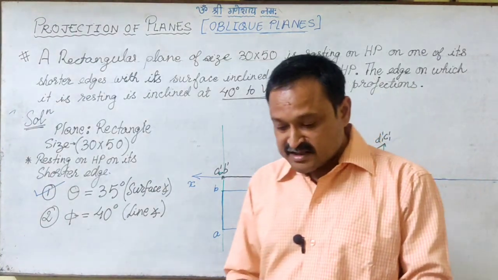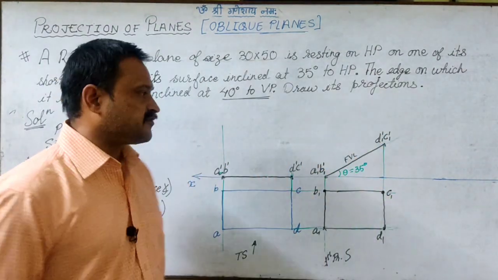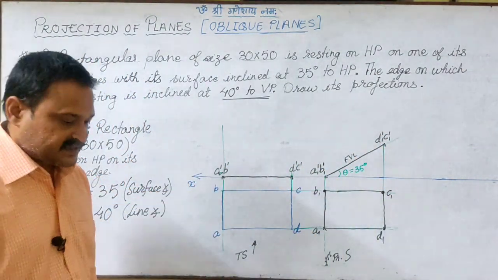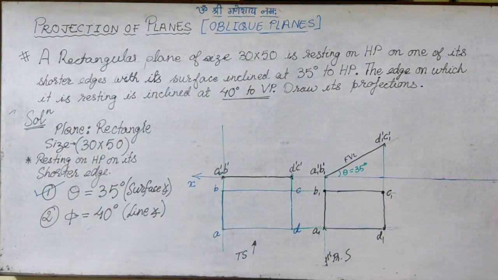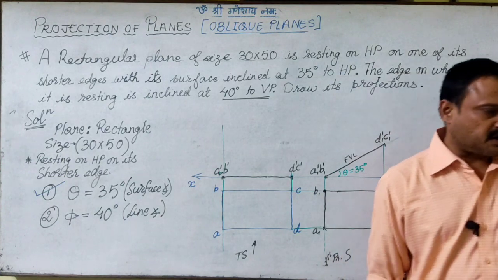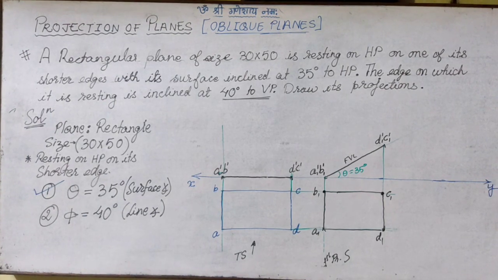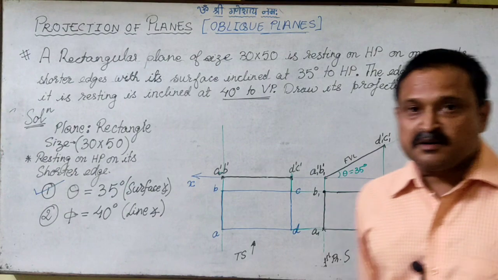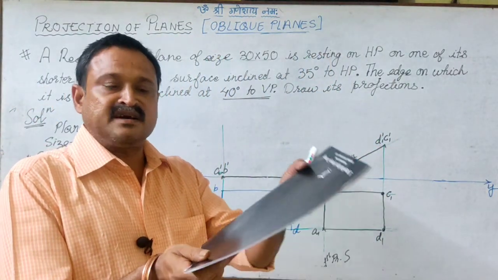Now we have to get the final front view and top view for this, right? So now we have to get the final front view and final top view for this. So this is the first condition we have put in.